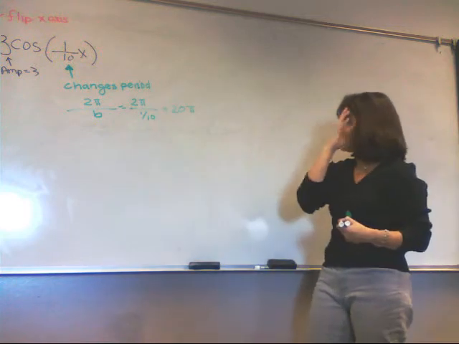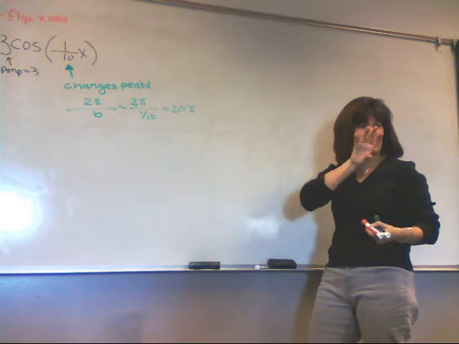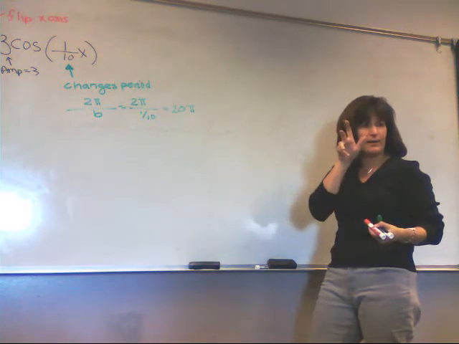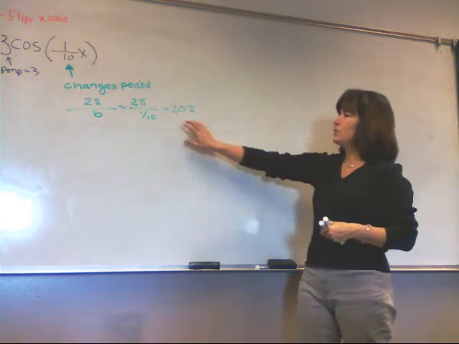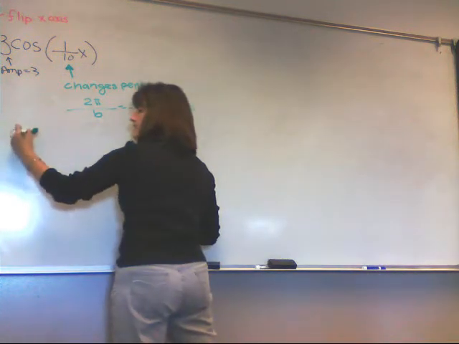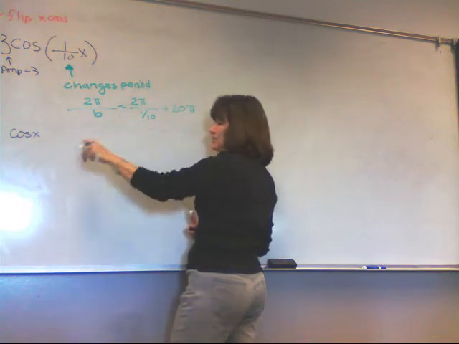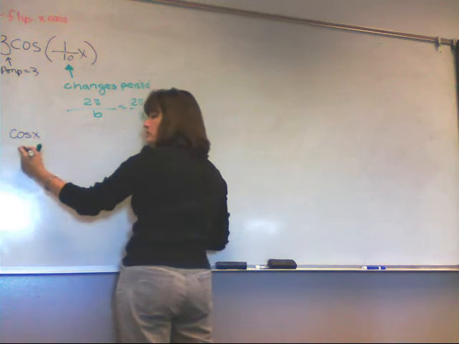Now, why does it do this? I was showing this to Patrick before class. Is it worth me saying it or not, when I told you how the argument goes from 0 to 2 pi? Does it help? Why this is because the cosine of x, regular, unshifted, unstretched, the period is 2 pi, right?